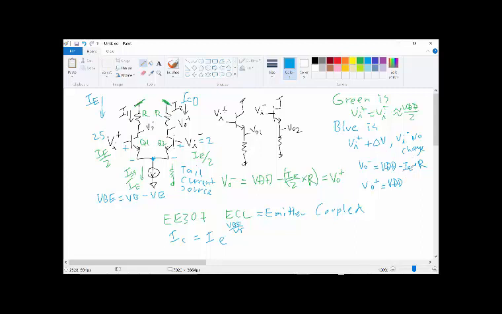Your output is not rail-to-rail swing. This V out minus does not equal 0. And so when you raise VI plus, V out minus goes down. When you raise VI minus, then V out plus goes down.